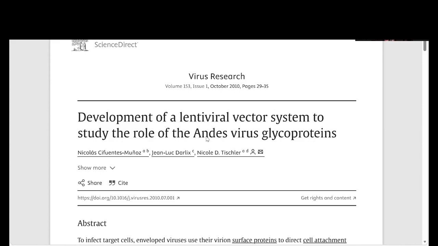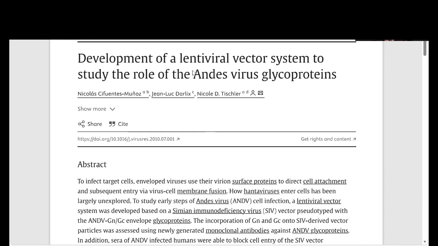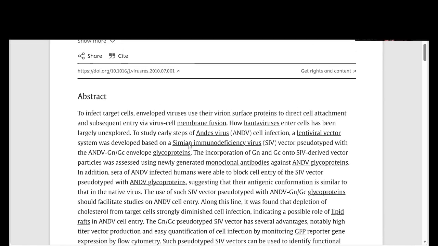And that the Andes virus can be clathrin dependent or independent, which is important. So this paper is more focused on building this lentiviral vector system. So let's go through the abstract.